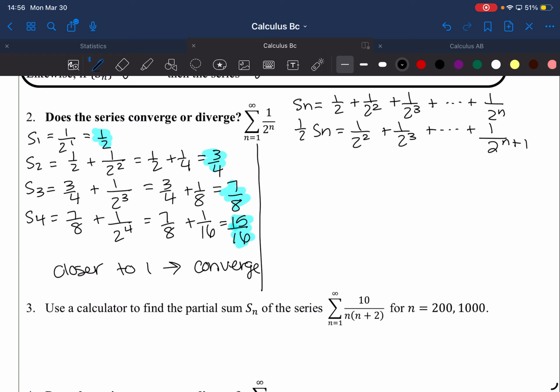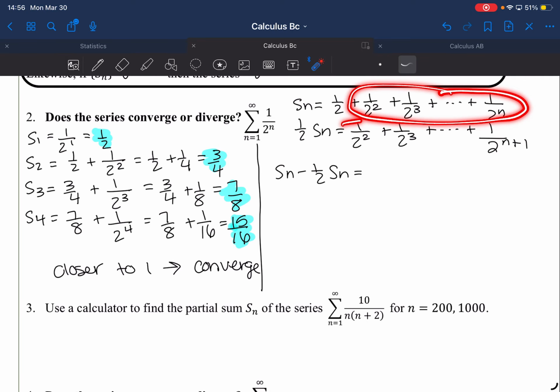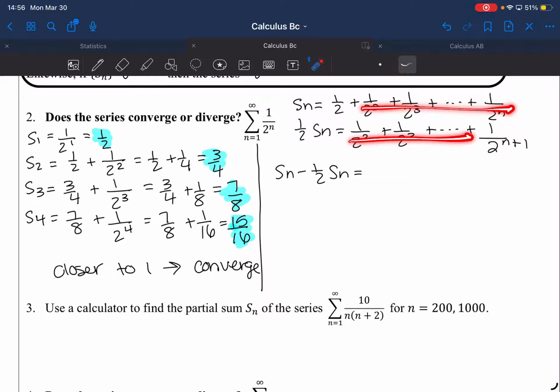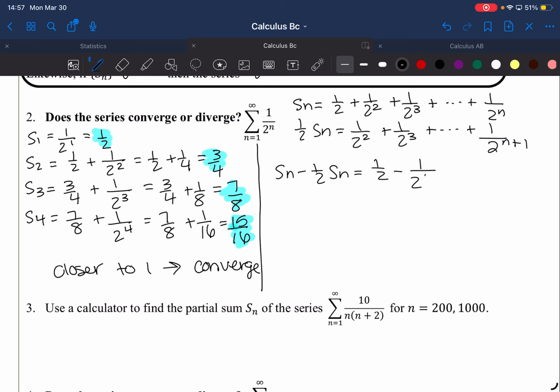Okay, then we're going to take those two equations that we created and we're going to subtract them. So S sub n minus 1/2 S sub n. If we subtract these two, notice that all of this here is what they have in common. Okay, so all of this part's going to cancel out, and all of this part is going to cancel out, which means we are only left with 1/2 minus 1 over 2 to the power of n plus 1.